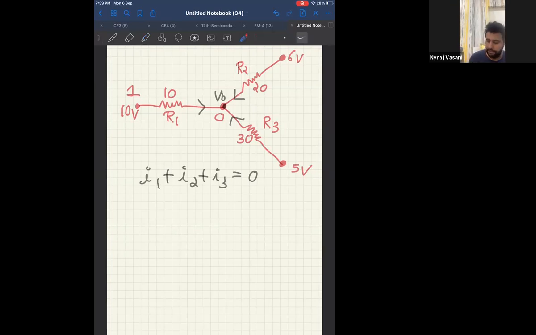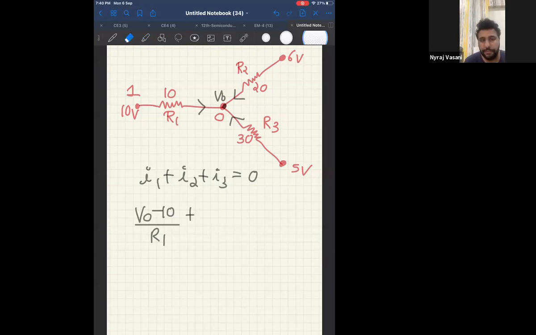I1 is the current in branch 1. Can I say V by R? But here, what will be V? It will be V0 minus 10 divided by R1, plus what will be I2? 6 minus 5, or 6 minus 0 only we can take.